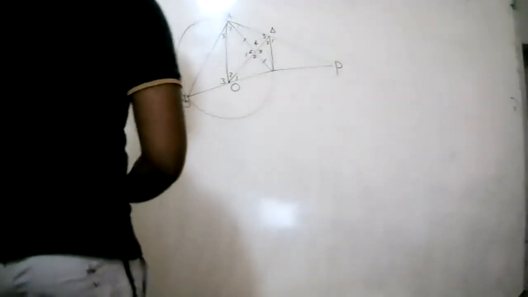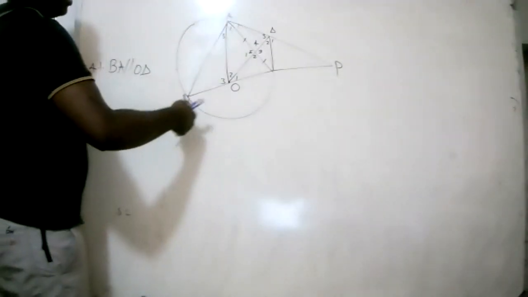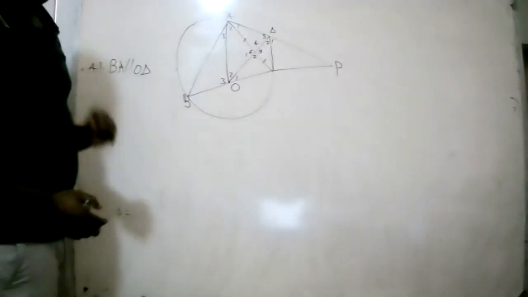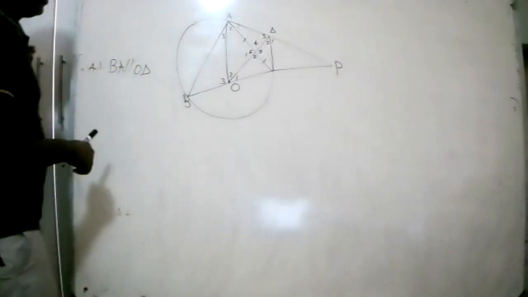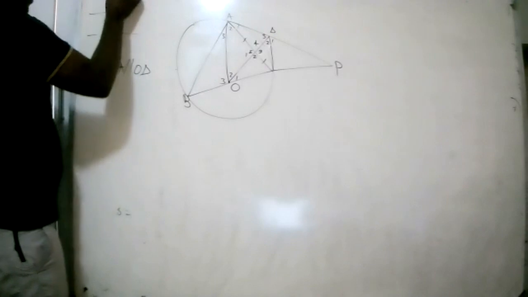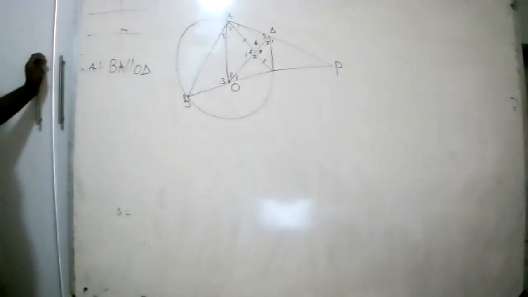And this is how I want to prove it. To prove that the line AB is parallel to the line OD, there's just one piece of information you must take into consideration: when you draw a line like this, it must form a what? A 90 degree. All the time, it must form a 90 degree.